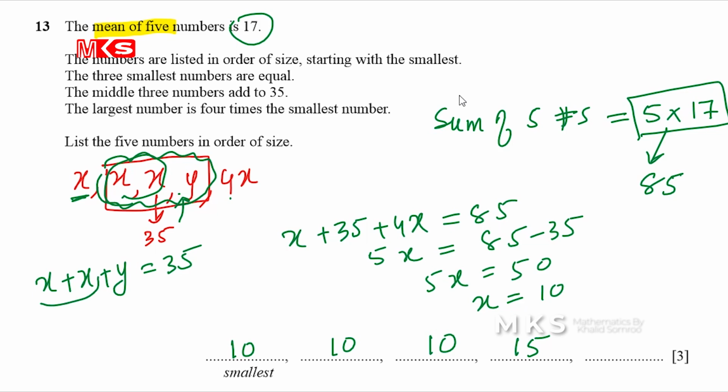So 10 plus 10 is 20. When we shift this 20 to the other side, 35 minus 20 is 15. So y is 15. And the largest number is 4 times the smallest, so it would be 40. So 10, 10, 10, 15, 40.